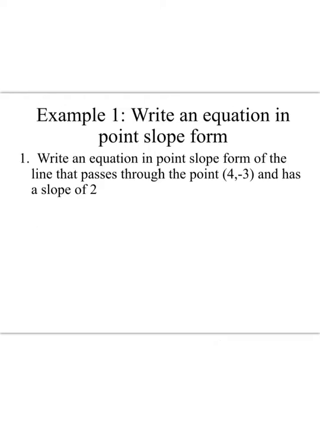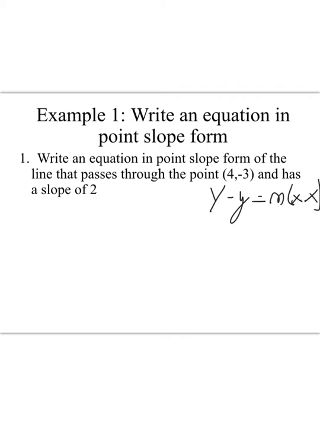So first, the basics. I want to write an equation in point-slope form of the line that passes through the following point. The formula for point-slope form is y minus y1 equals m parenthesis x minus x1.